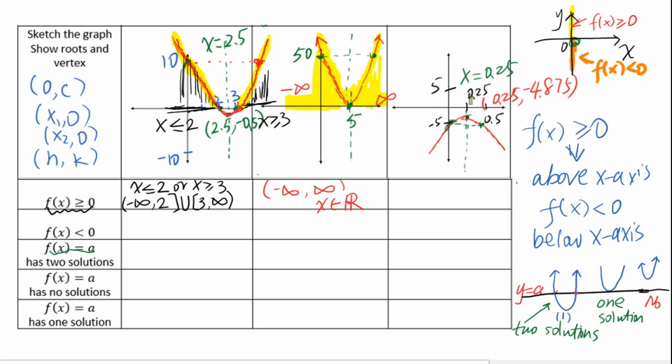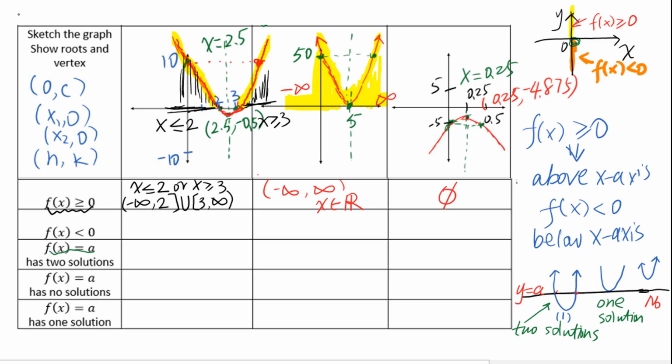For the third graph, there's no graph above the x-axis. So you can write down the empty set, which means nowhere is the graph above the x-axis.